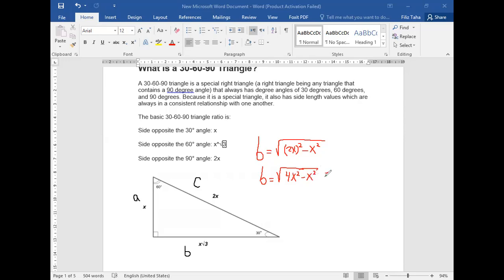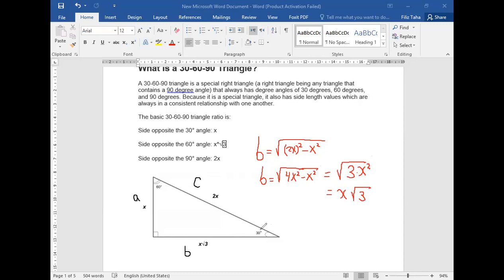Then it will be 3x squared. The square root of x squared, we can put x outside, so you have x and then we have root 3. Then this is where we got x root 3.